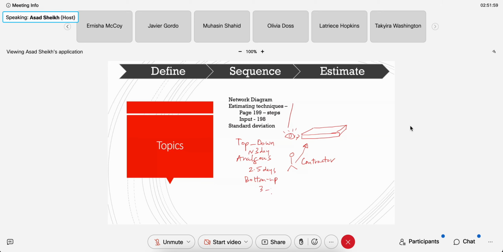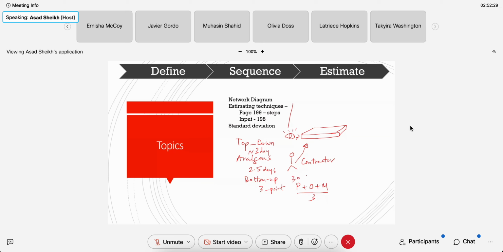There's one called 3-point estimating, on page 200. The 3-point is also called triangular distribution, and the way they do it is pessimistic plus optimistic plus most likely, divided by 3. Pessimistic, worst case, could be 3 days.